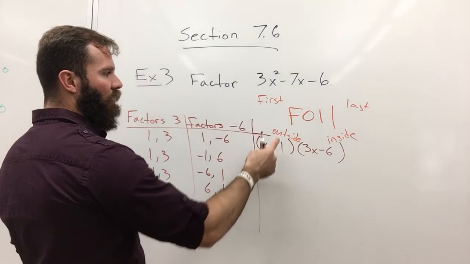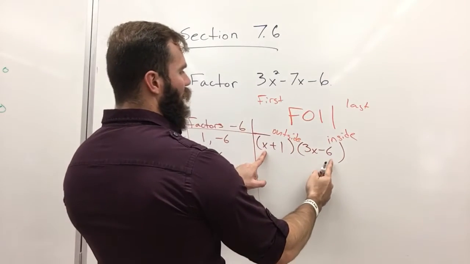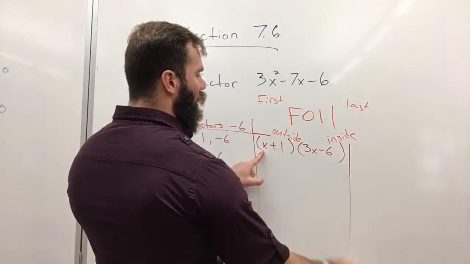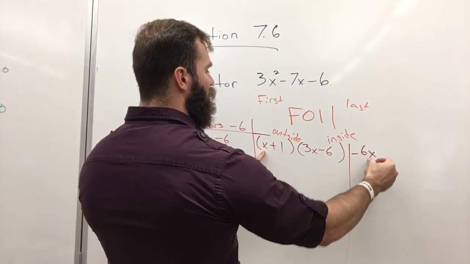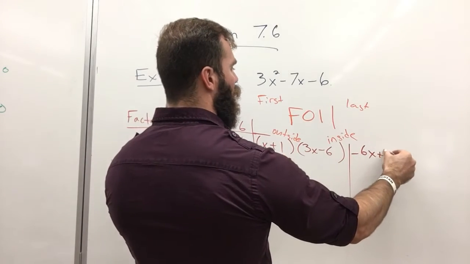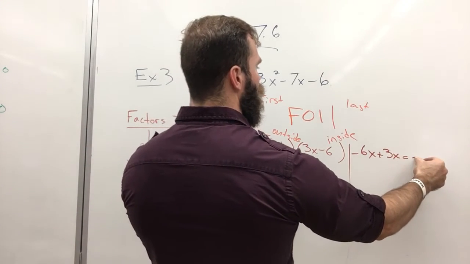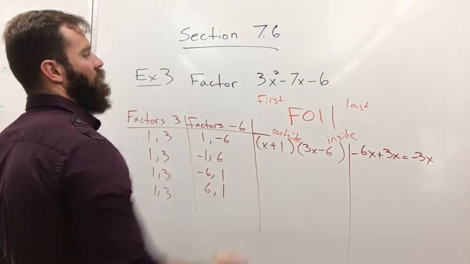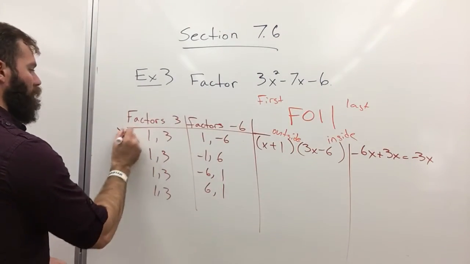Really, we just need to look for the outside and the inside. The outside terms, negative 6 and x, multiplied together, give us negative 6x. The inside terms, 3x times 1, gives us a positive 3x. This gives us negative 3x, which is not negative 7x. So this one's no good.